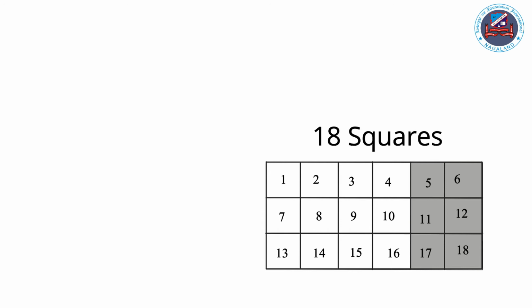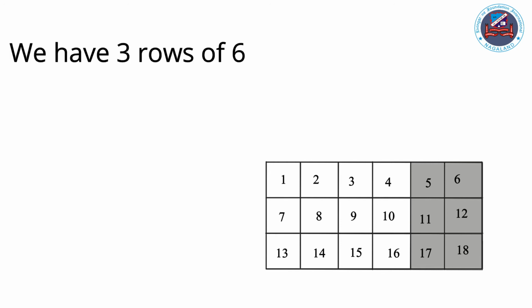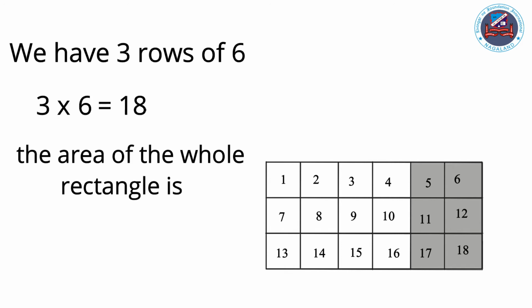That is 18 squares. We have 3 rows of 6. That is 3 times 6 is 18. So the area of the whole rectangle is 18 squares.